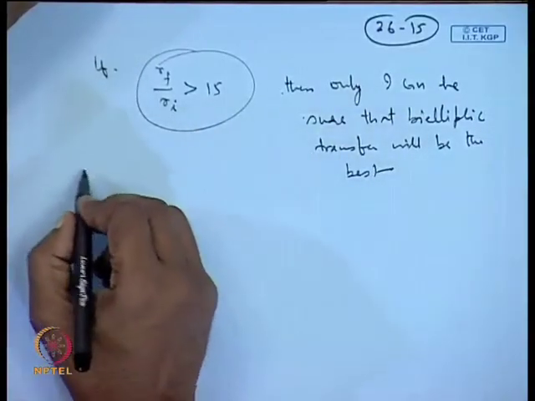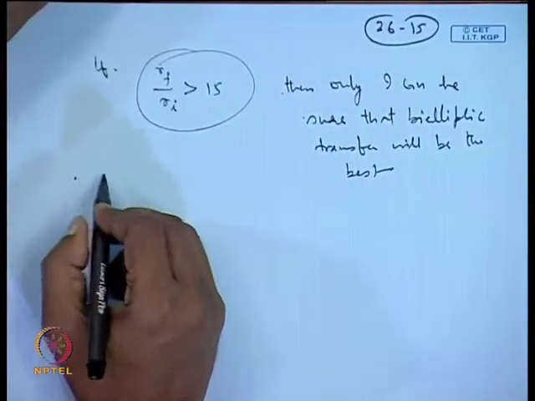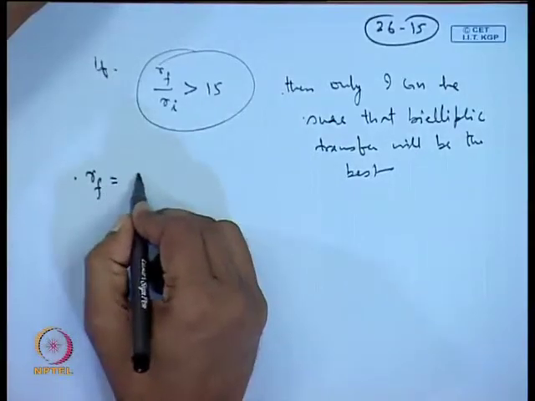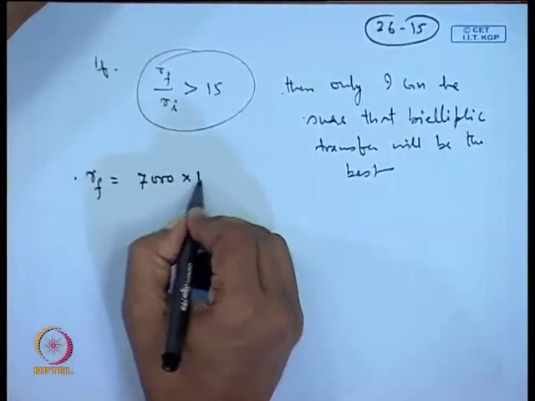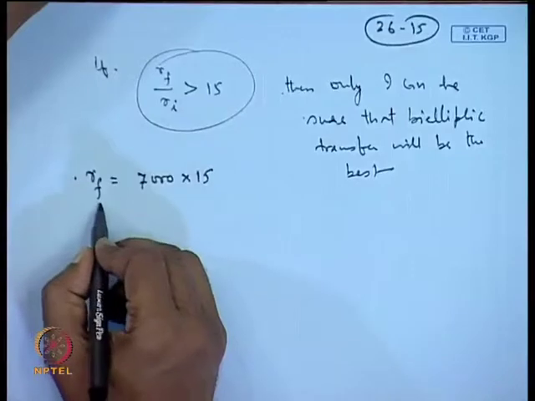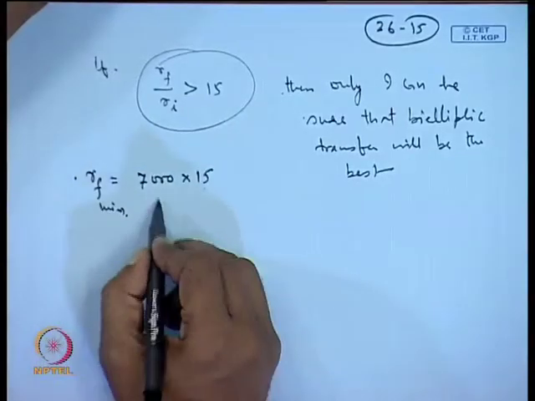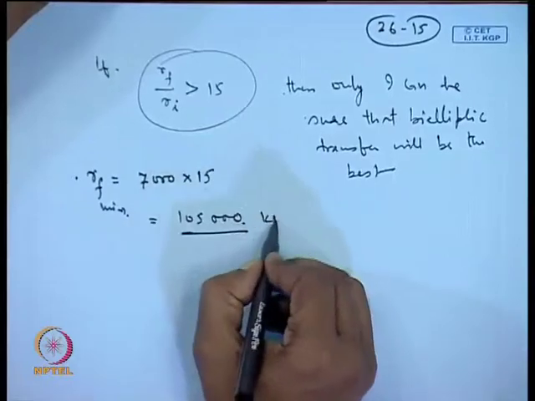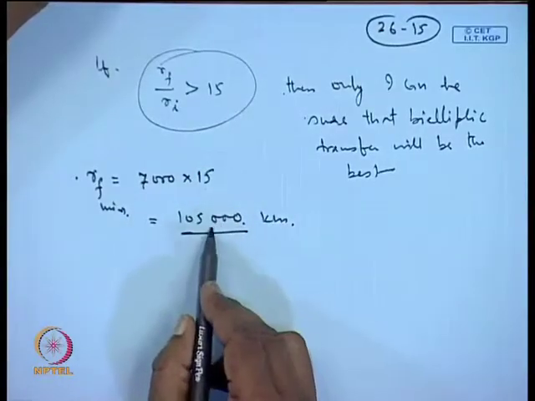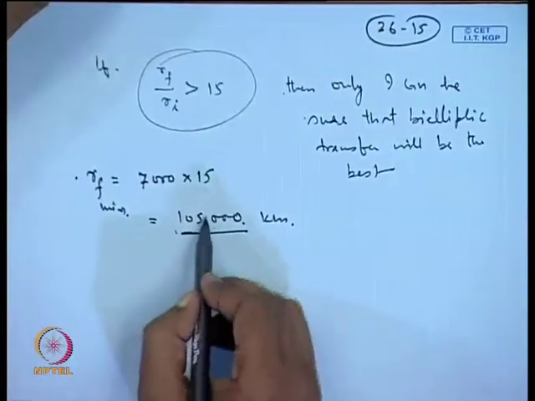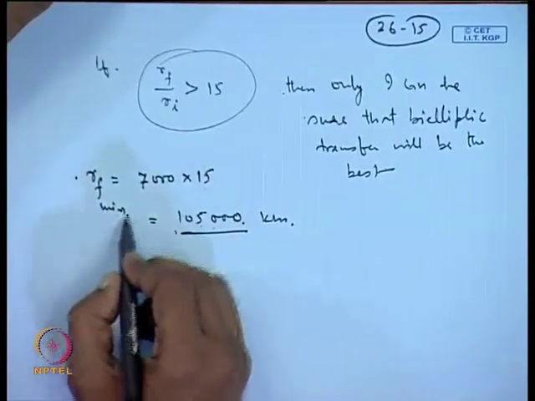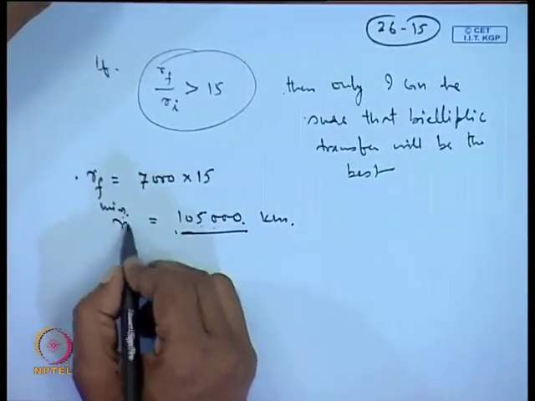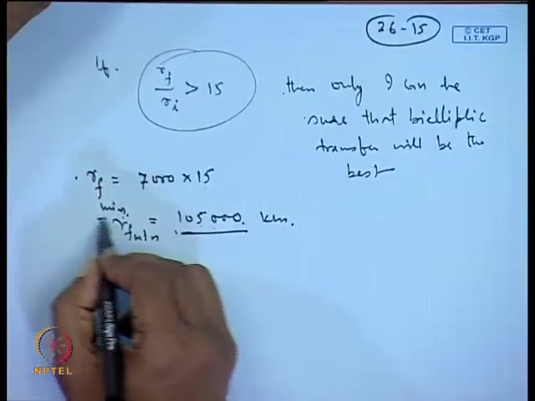But in that case, as you can see, R f will be 7000 times 15. So, this is the minimum value of R f required: one lakh 5,000 kilometers. So, this is your R f minimum.